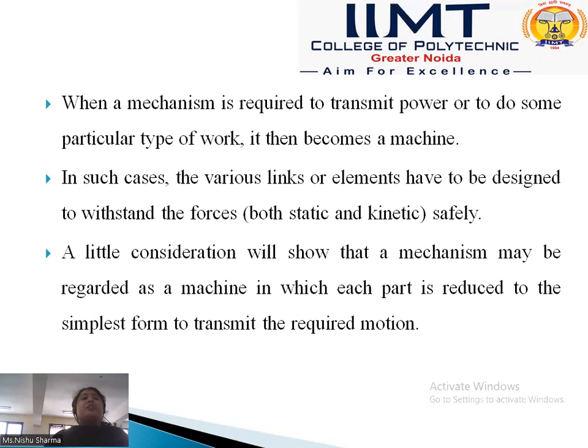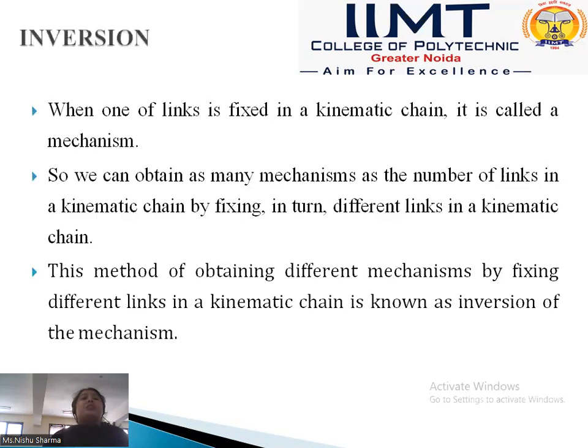Now, we will discuss the inversion. To know the inversion, firstly we know the mechanism. When one of the links is fixed in a kinematic chain, it is called a mechanism, which I have discussed previously.